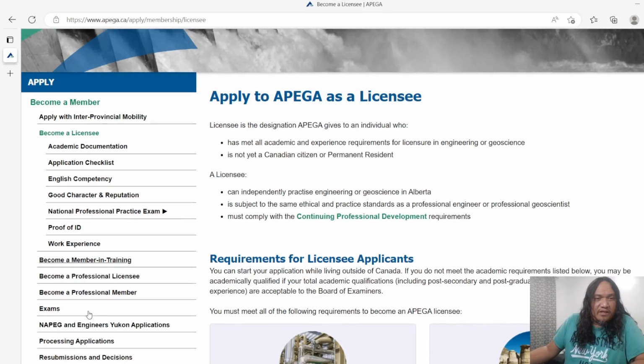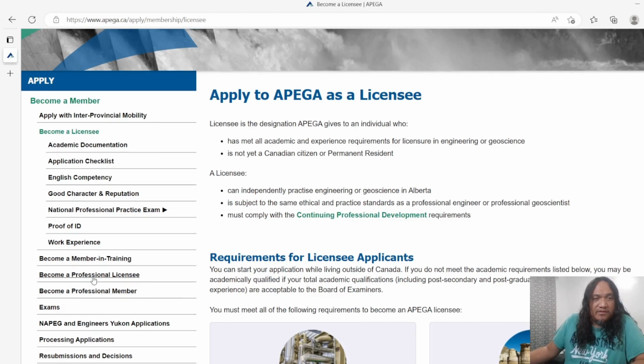On the other hand, the professional licensee is if you don't have an engineering degree, and I think this is for Canadian citizens and residents only. To become a professional licensee, you don't have to meet the education requirements, but you must meet the required experience.